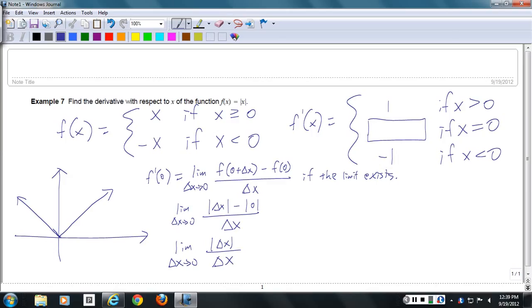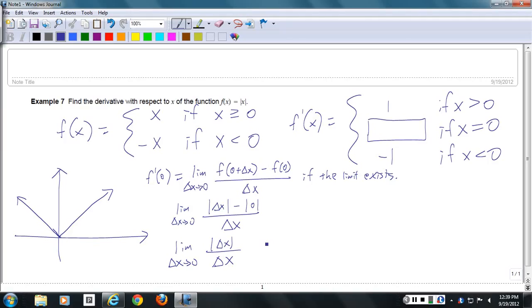Now, to evaluate the absolute value of delta x, we have to know, is delta x positive or is delta x negative? If delta x is positive, then it's just delta x. But if delta x is negative, it's not delta x because the absolute value can't be negative. It's got to be the opposite of delta x.